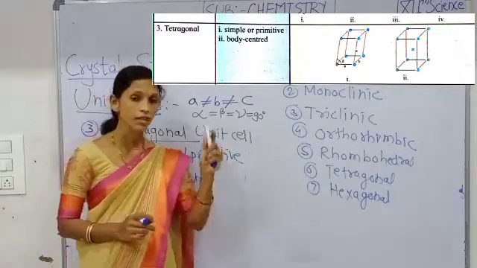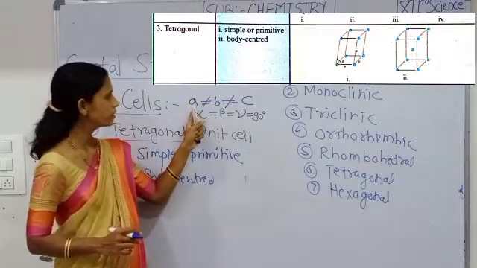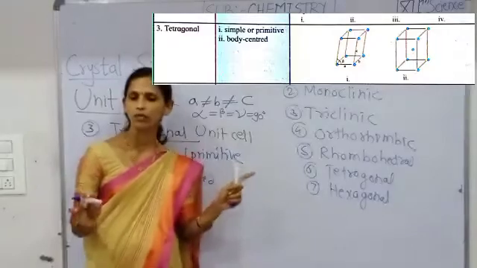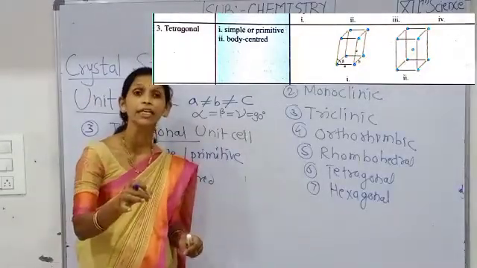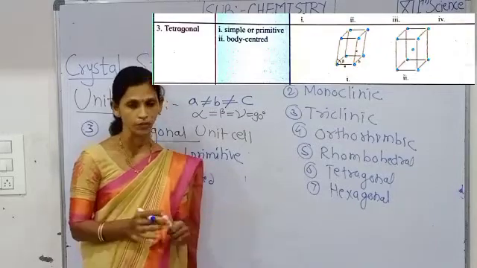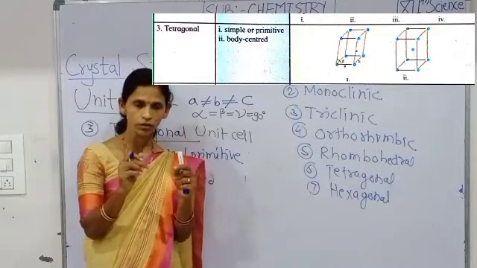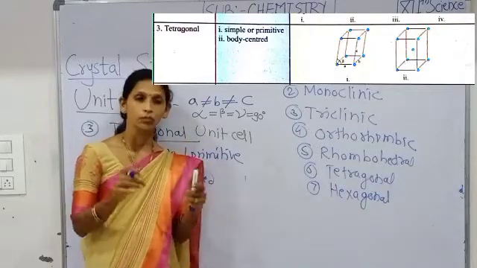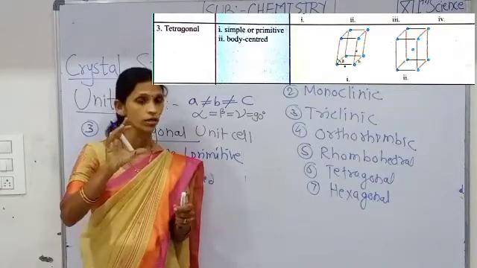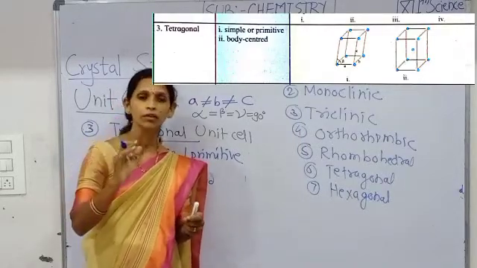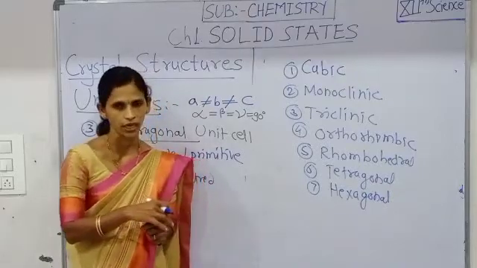See here the condition which is given: all 3 edges are of different types, but alpha, beta, gamma are of 90 degrees and equal measurement. All of you have observed the geometrical box, or textbooks, or a brick, which is of tetragonal type of unit cell.